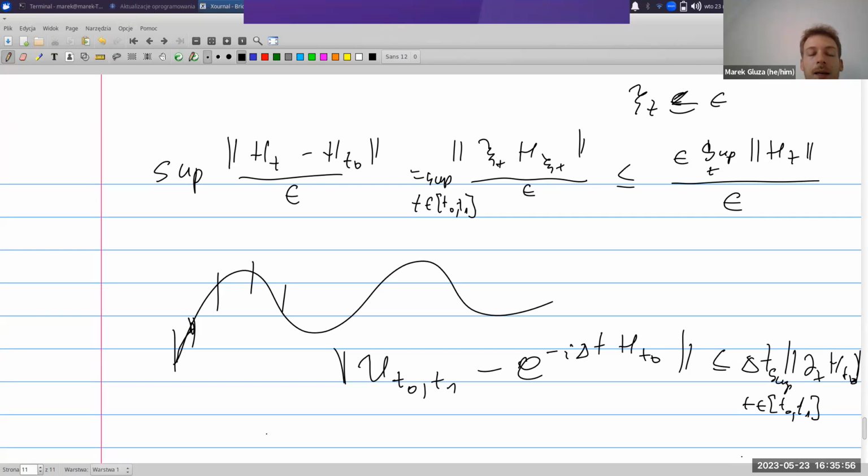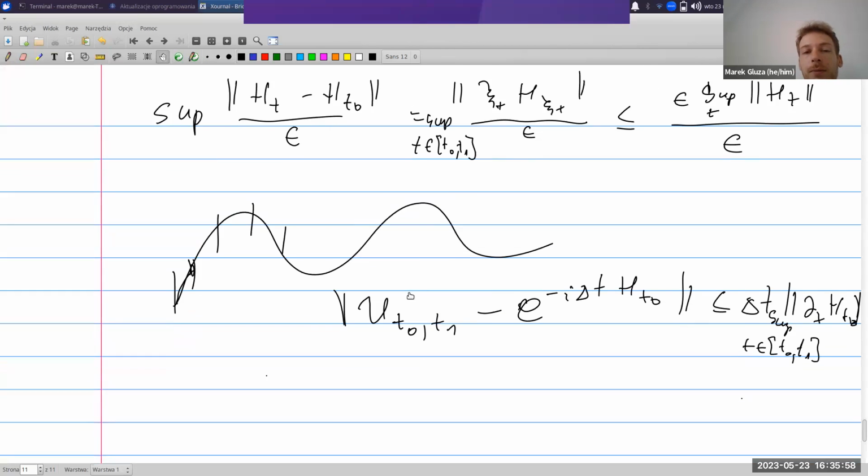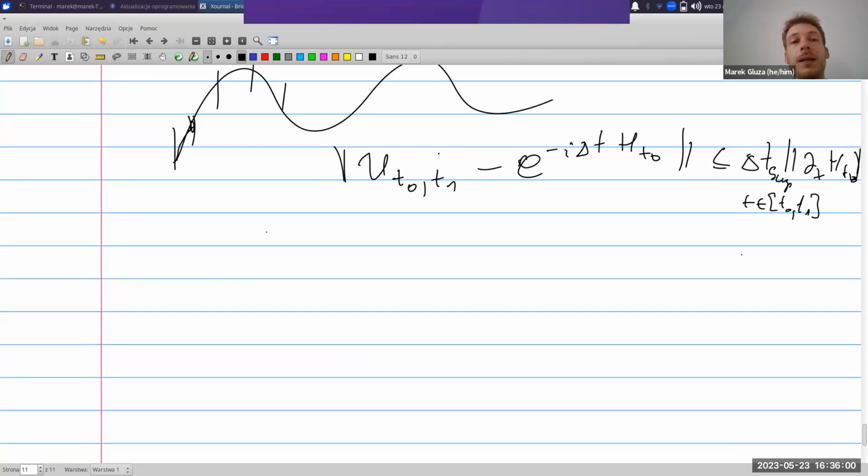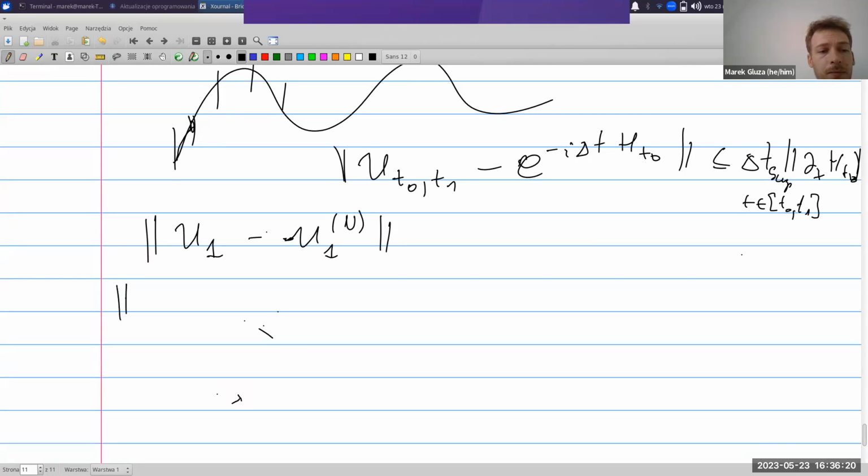So I get this, and now we are going back to what we were discussing for the Trotter-Suzuki formula, because I could basically write u until 1 minus our approximation u evolved to n. We can do this by writing this as a piecewise product.